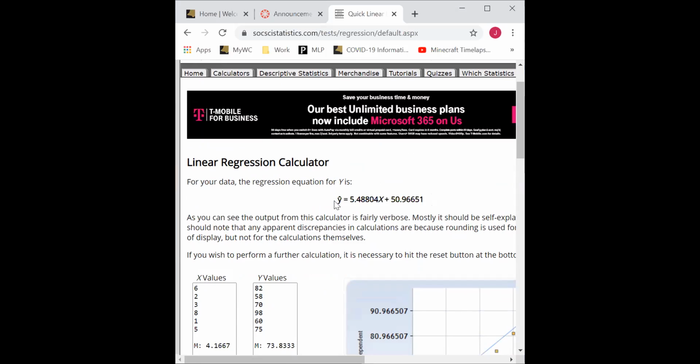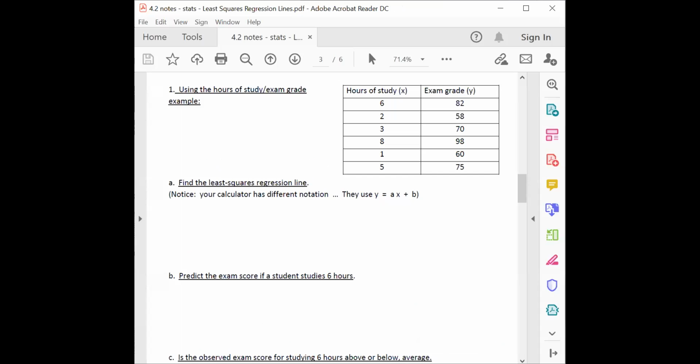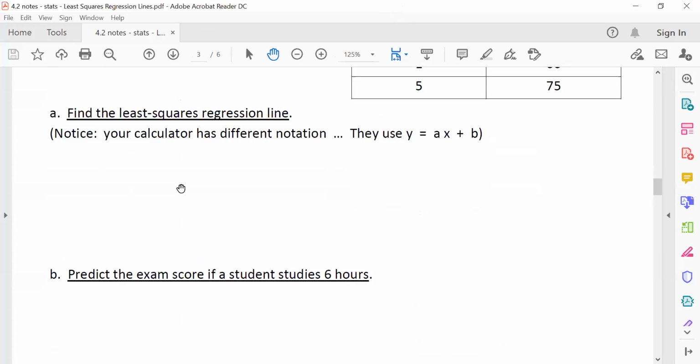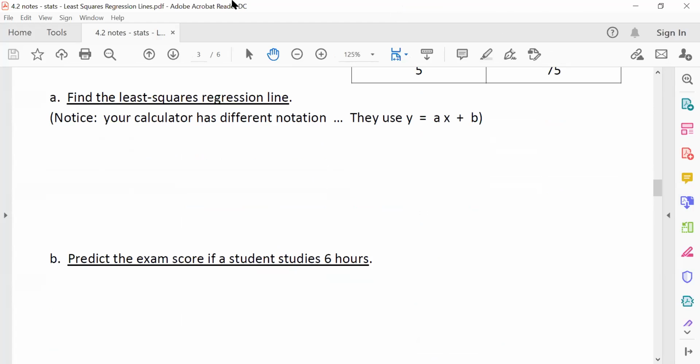So let's interpret it. And I'll round to 3 decimal points. So let's see, 5.488. I'm just going to take a picture of it because my memory is trash. So back to this. Our equation was, if you remember, and I'm going to round to 3 decimal points, y (they use y hat, but I'm not super worried about that).